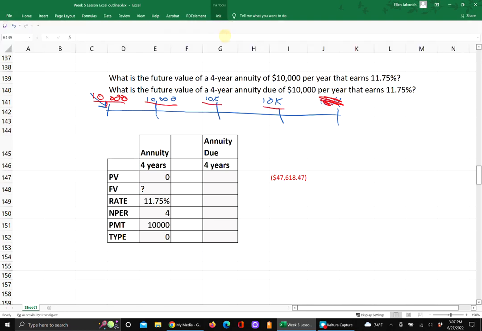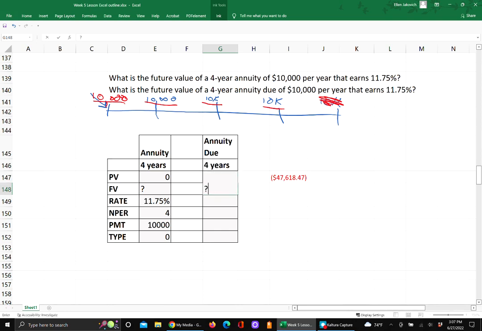So let's solve for that. Again, the present value is 0. Why? Because this $10,000 at time 0 is part of the payments. It is part of the annuity. It's only if you have a separate chunk. If I had like $37,000 sitting right here, and then I put in $10,000, then I would have a present value. So present value is still 0.